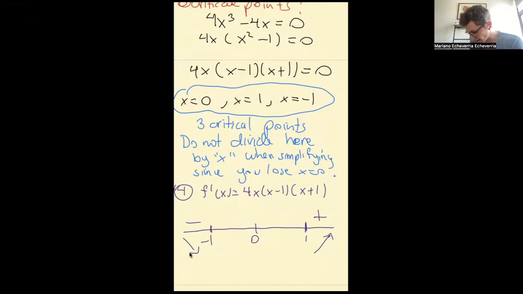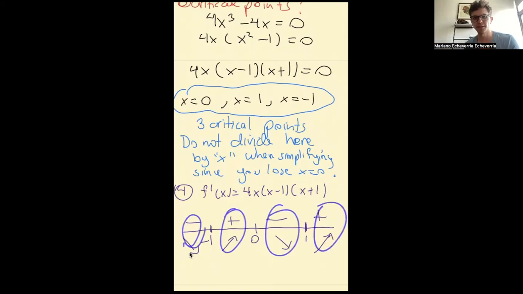You can choose 1/2 here. If you choose 1/2, this is positive, this is negative, and this is positive. So there are two positives and one negative, so that gives you a negative sign. And if you choose something like -1/2, you get negative, negative, and positive, so you get positive. So you're getting decreasing, increasing, decreasing, increasing. Is that making sense?